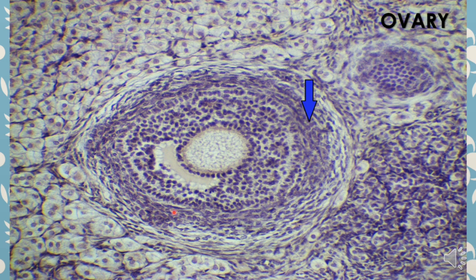Now this follicle is called the secondary follicle, also surrounding the primary oocyte. You can see this is the theca interna and this is the theca externa.